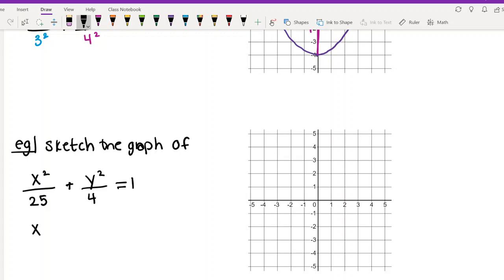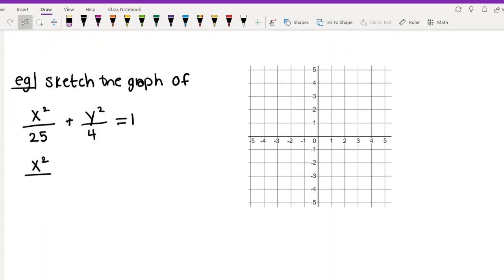So again, we want to rewrite each of these numbers as something squared to help us figure out what the actual stretch is. So 25 is the same as 5 squared, and then 4 is the same as 2 squared. And so that tells us that we should be horizontally going out a distance of 5 and vertically going up and down a distance of 2.